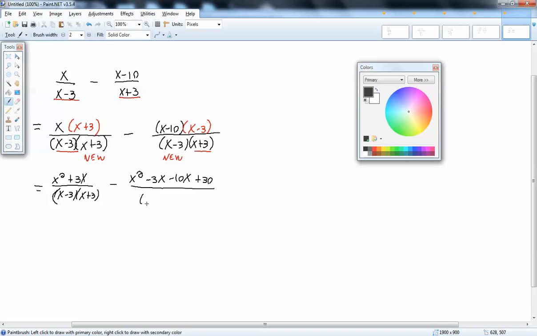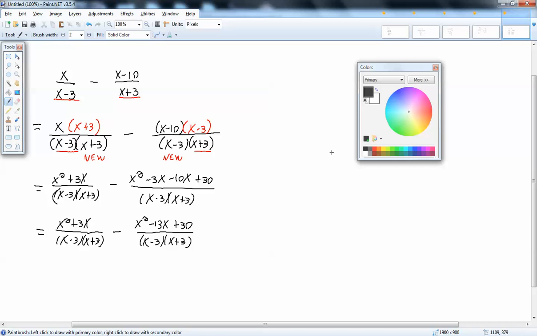All over our denominator. Equals x squared plus 3x over x minus 3 times x plus 3 minus x squared, combine together like terms, negative 3x, negative 10x is negative 13x plus 30 over x minus 3, x plus 3.